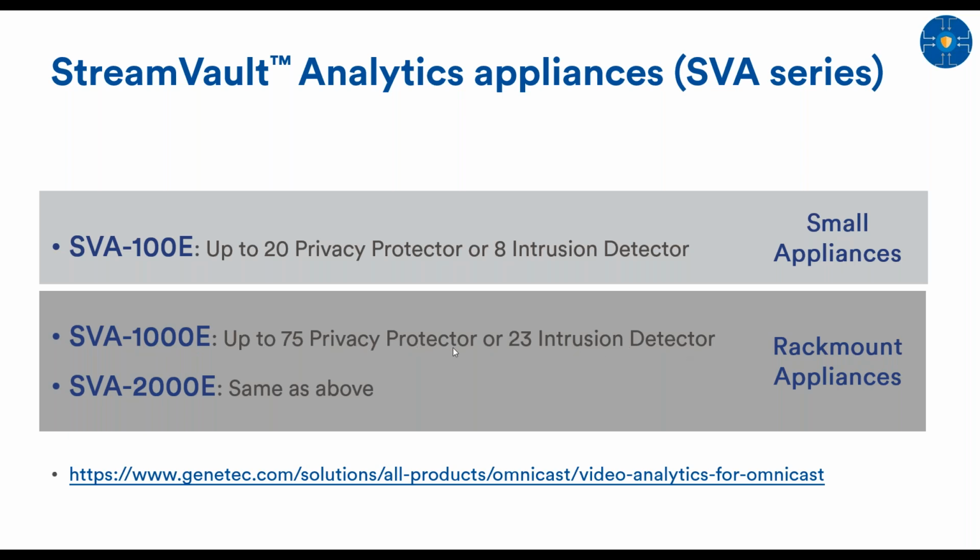Again, this is always up to, because depending on the stream of the camera, it can be a bit less than that. So if you want to go on a portal, we do have a calculation that can be done on the Kiwi dimensioning of the servers. It will give you exactly what you need for the analytics that you want to run.